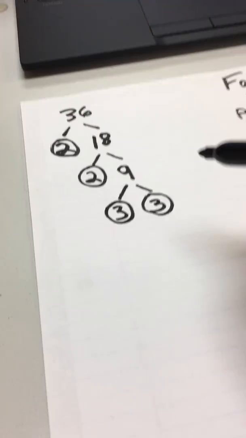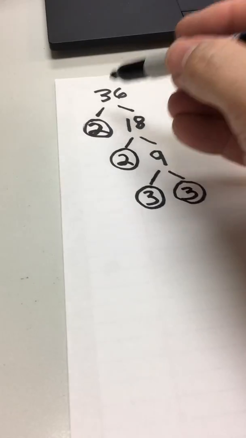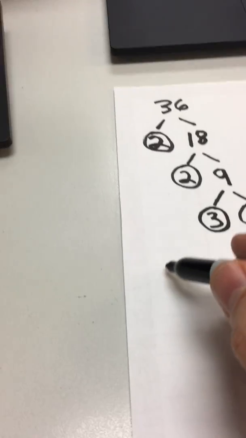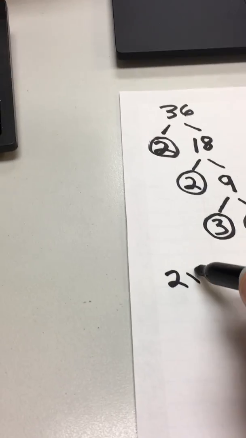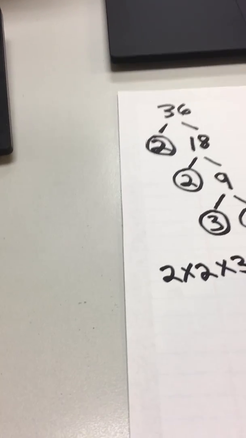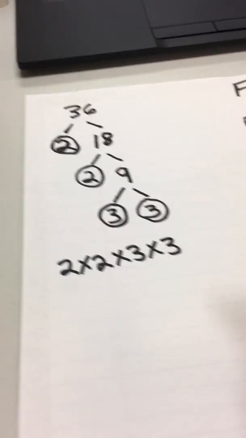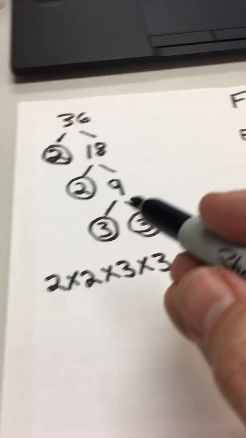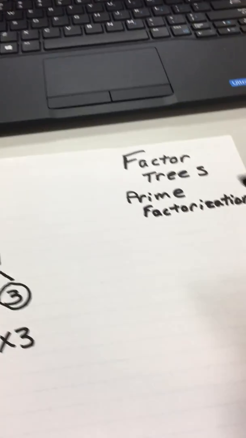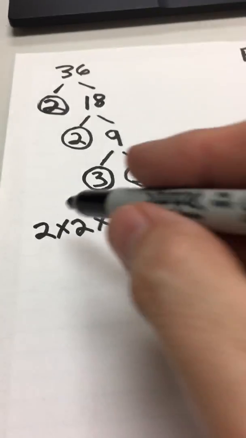Okay. Now we're going to gather together all these prime numbers that we have, all these factors of the number 36. And they are 2 times 2 times 3 times 3. Okay. Now remember that we want to get the prime factorization. This means that we're going to use those exponents.